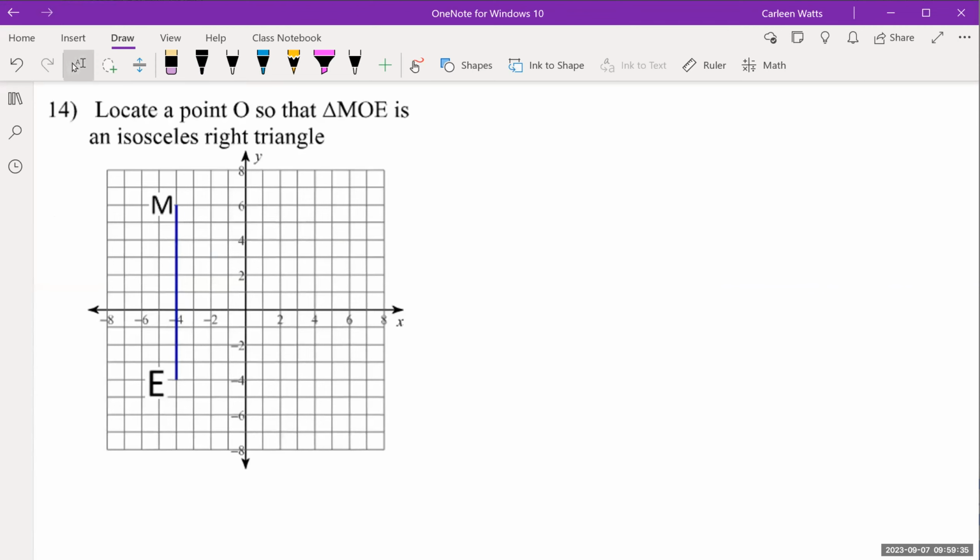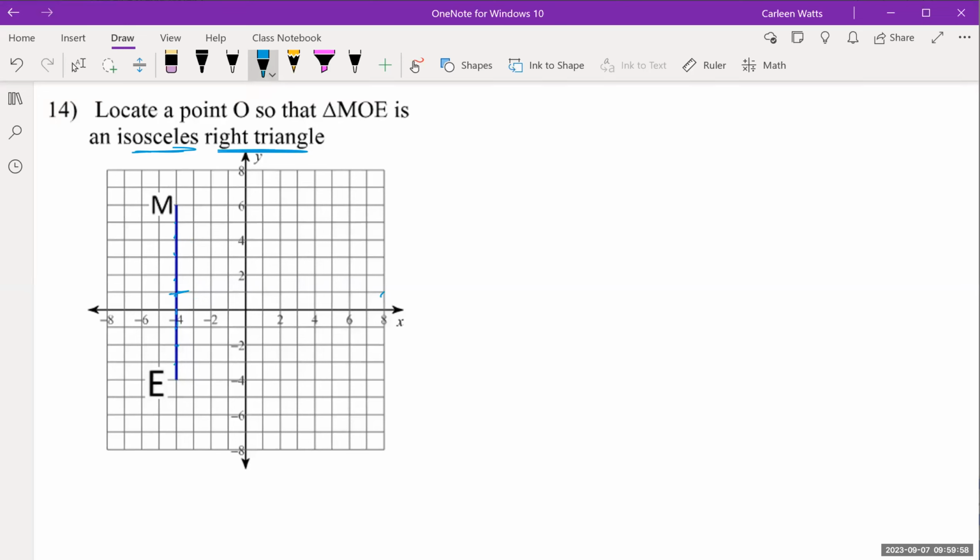So now I want an isosceles right triangle. I need a right angle. Now notice 1, 2, 3, 4, 5, 6, 7, 8, 9, 10. 1, 2, 3, 4, 5. Notice if I go down here, that's obtuse.